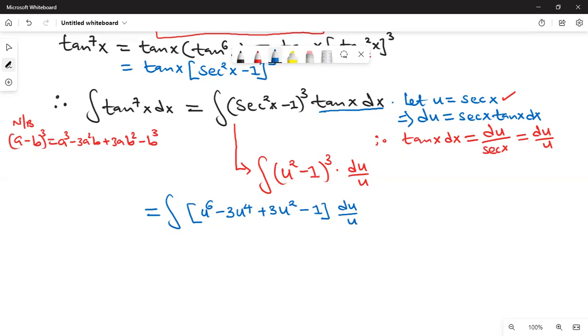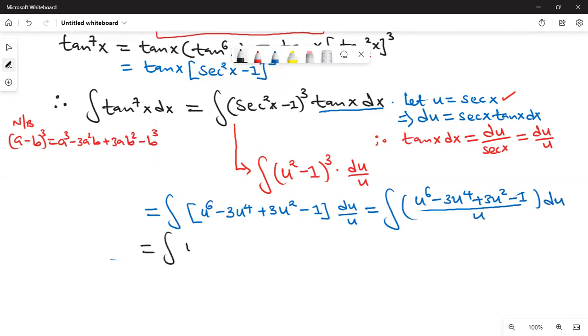I can divide this by u so that this can be written as u raised to 6 minus 3 u raised to 4 plus 3 u squared minus 1, everything over u, and then du. If you simplify, you're going to get the integral of u raised to 5 minus 3u cubed plus 3u minus 1 over u.